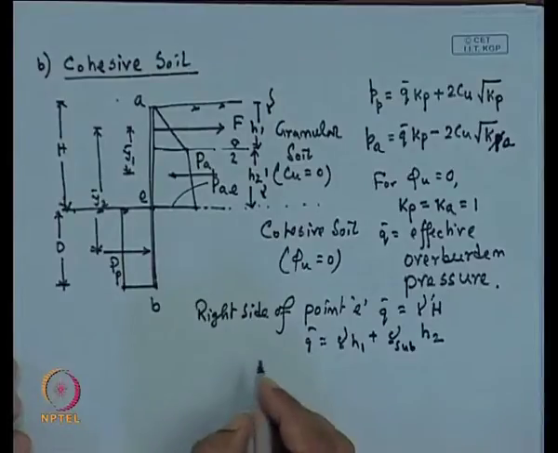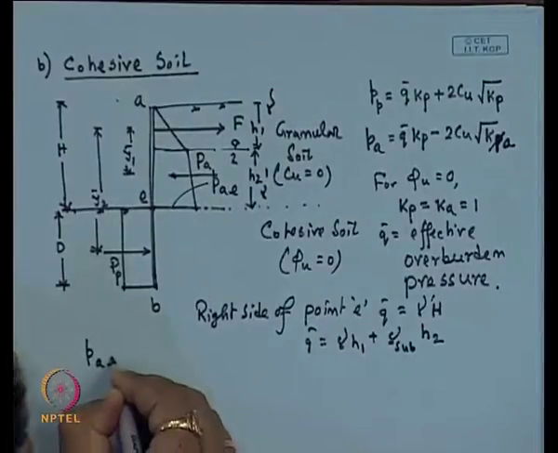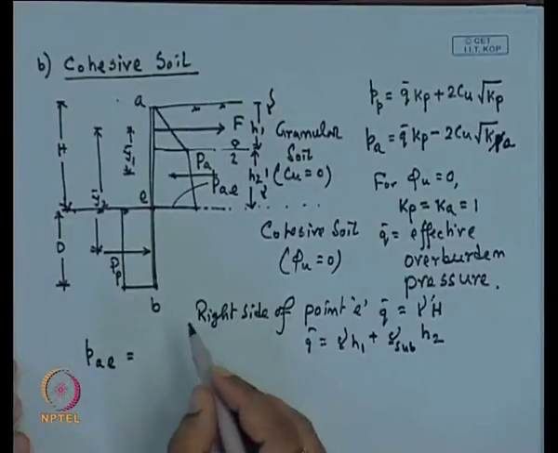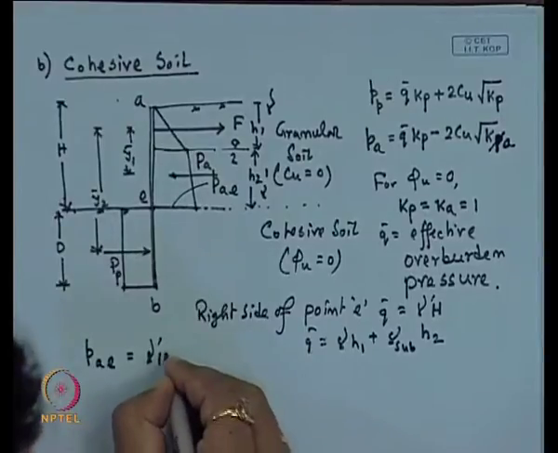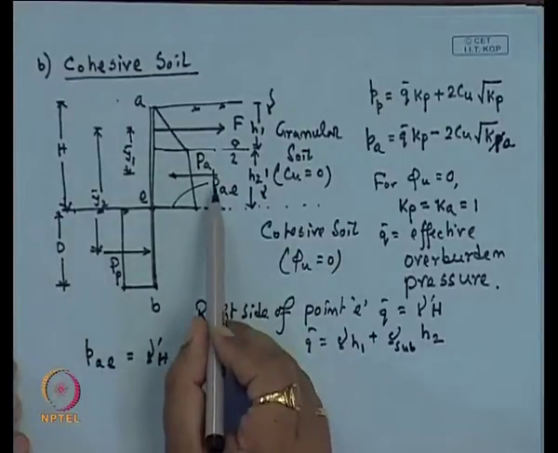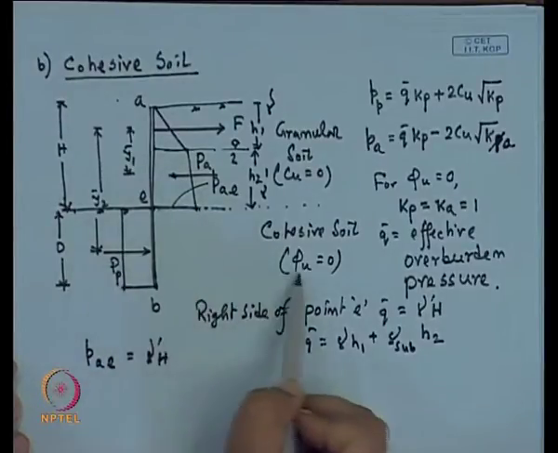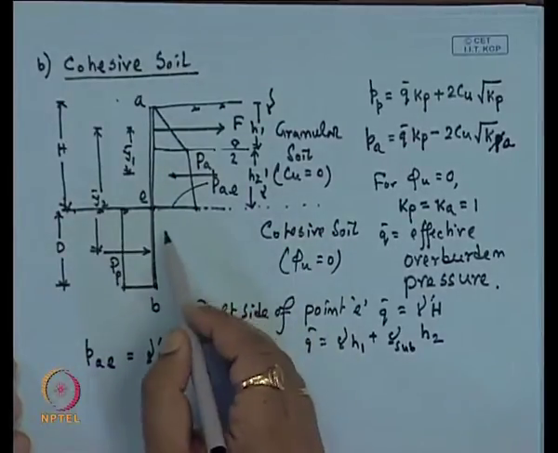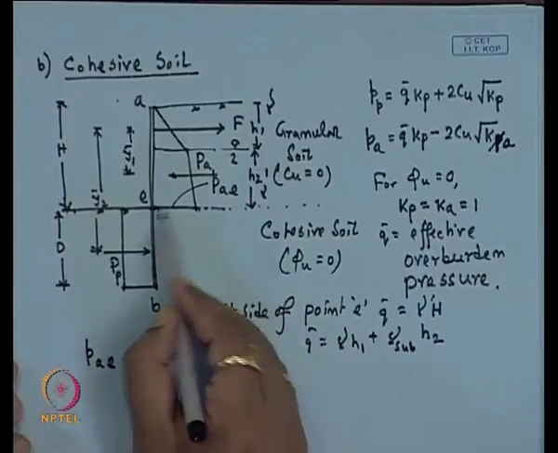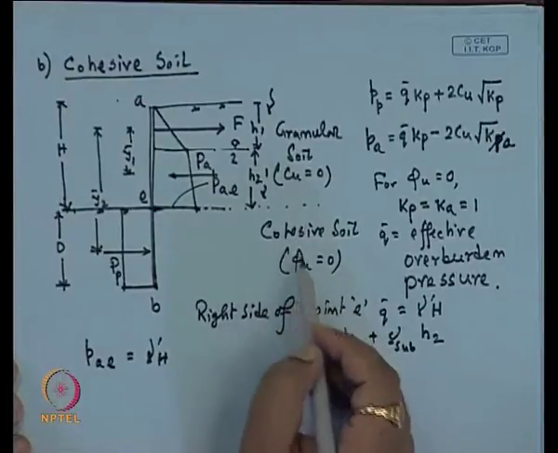So, now we can put P A E, the active pressure at E level, with gamma dash, Q is equal to gamma dash into H. For this portion below the dredge level we are considering phi u equal to 0.